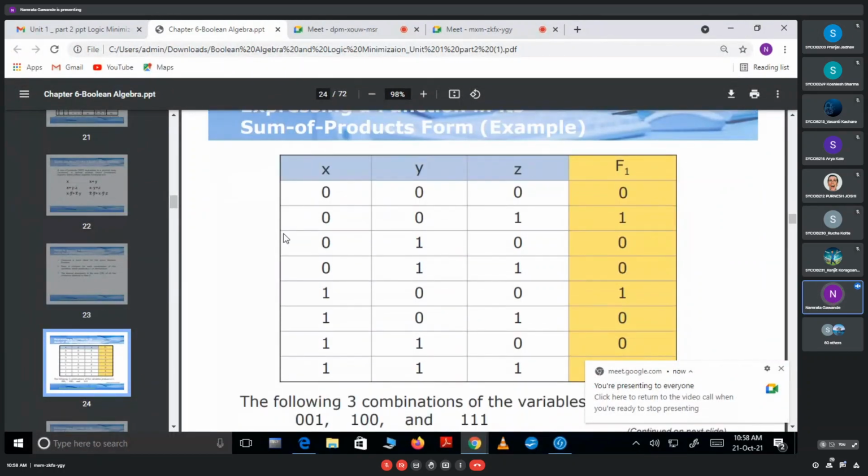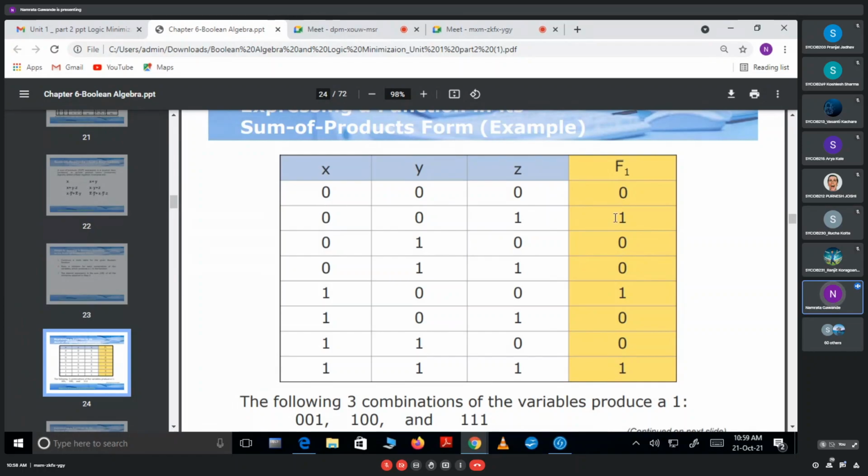Expressing a function in its sum of product. Now here you can see one truth table. In this truth table, again three variables are given, X, Y, Z. So a total of 2 raised to power 3 combinations, rows, are there. Now here you can see F1. What is F1? F1 is one function, and some random values are given. It is not given based on any expression.